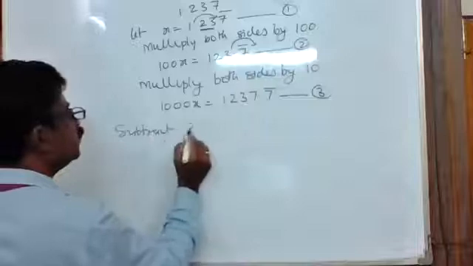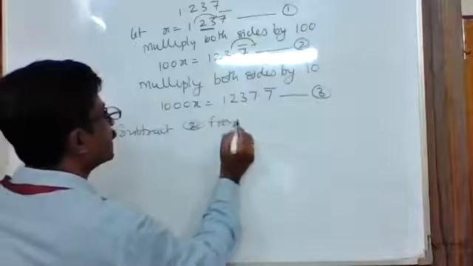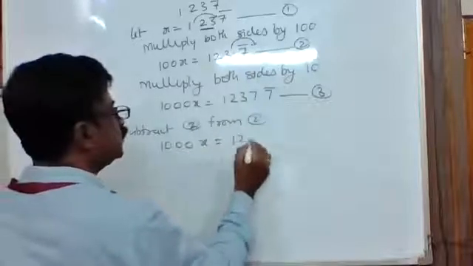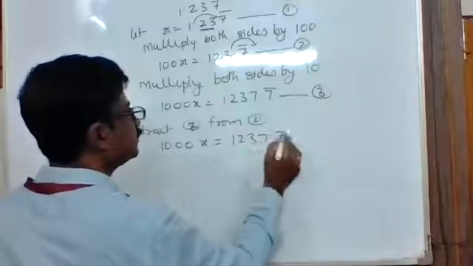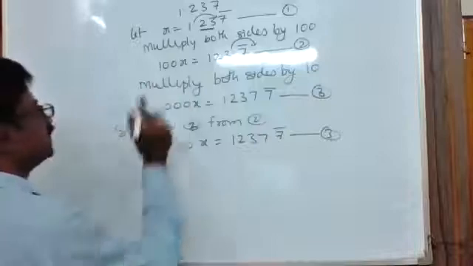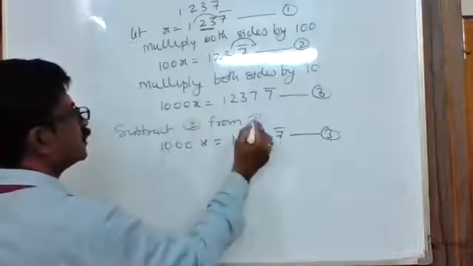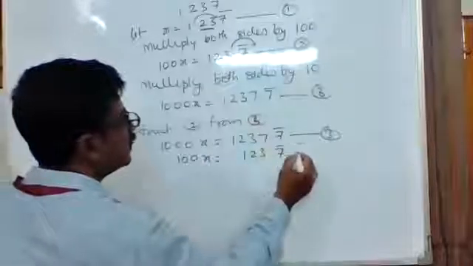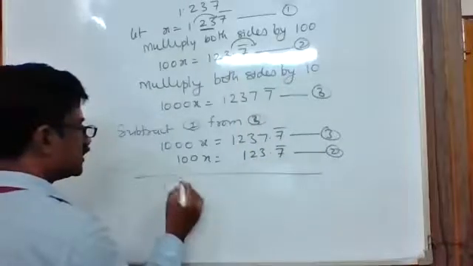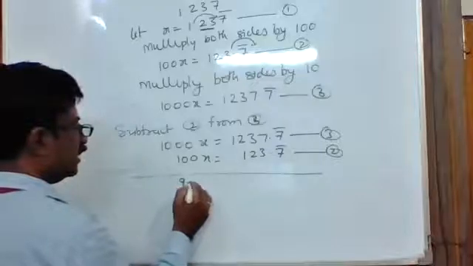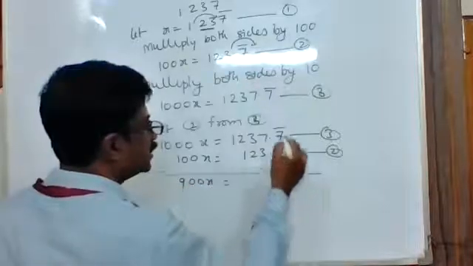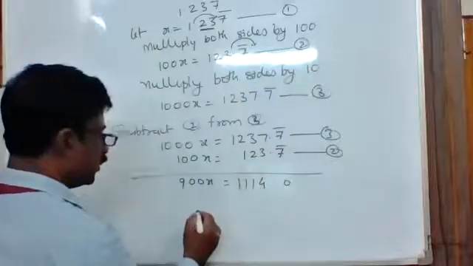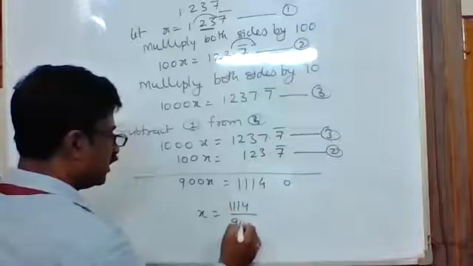Subtract 2 from 3. The third is 1000x equals 1237.7 bar, and from this we subtract the second, 100x equals 123.7 bar. 1000 minus 100 is 900x, and the decimal part cancels: 7 minus 7 is 0, 7 minus 3 is 4, 3 minus 2 is 1, 2 minus 1 is 1. So 900x equals 1114, or x equals 1114 upon 900.